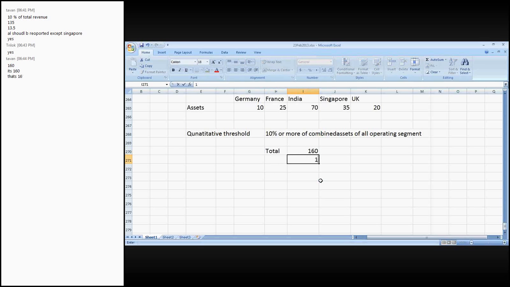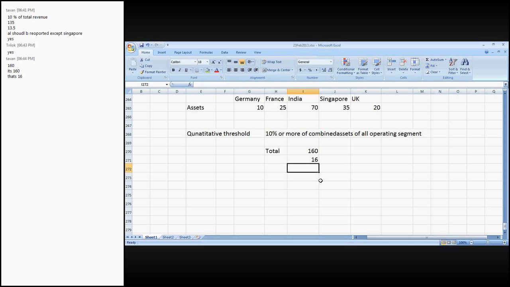So 16 is the quantitative threshold. So Germany is not a reportable segment. France, India, Singapore, UK will be considered reportable segments.